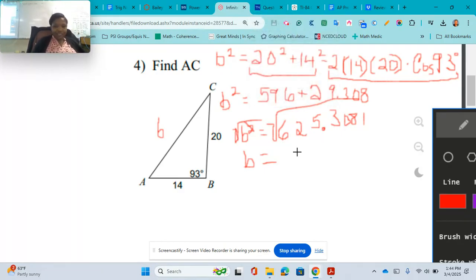Yes. And what was the decimal? Okay. So 25.006. Remember, we rounded to the nearest tenth. So this answer will just be the length of B being 25.